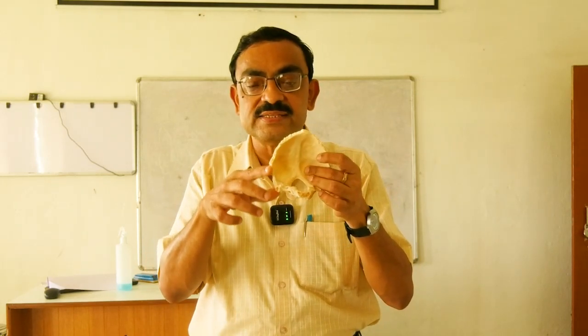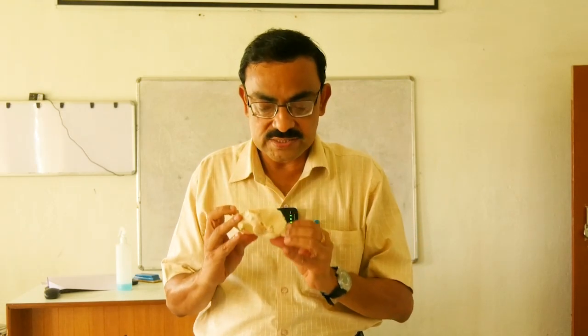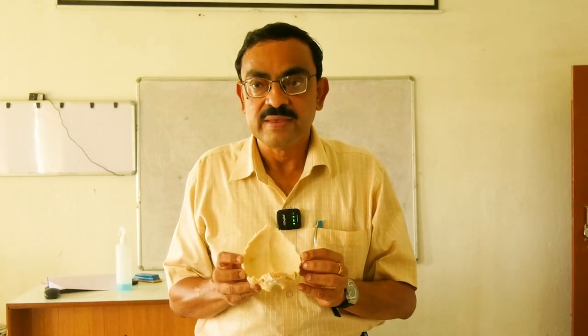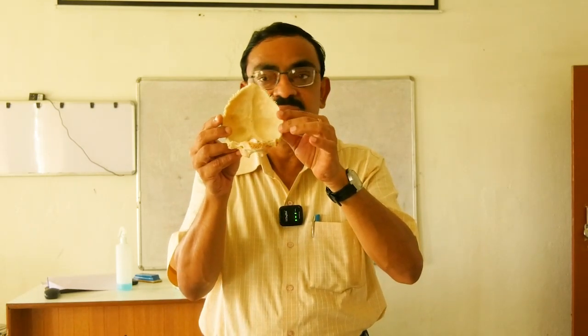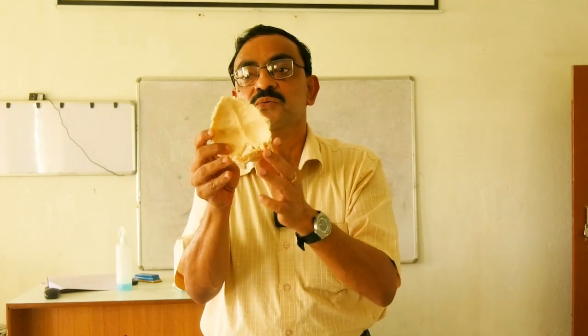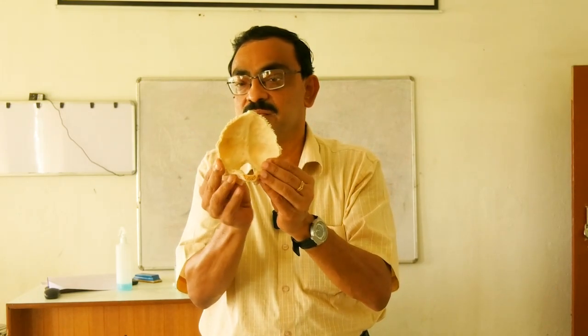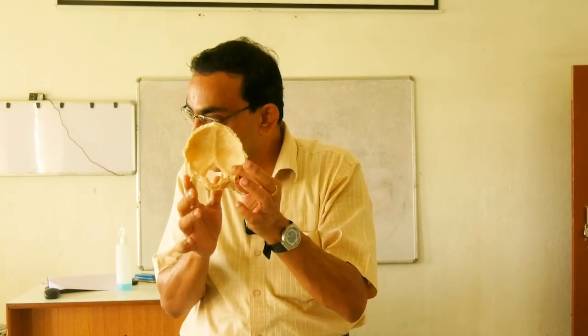This is the superior angle, and this is one border which is called the superior border, on the lateral side. This border bends again and becomes another border which is called the lateral border.